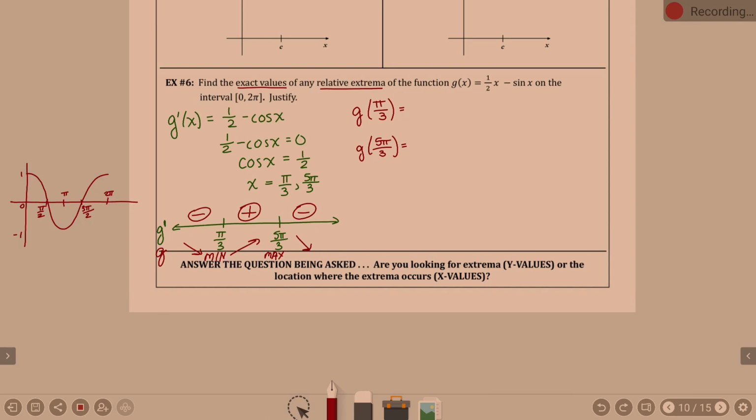We're going into the original because we want to know the values of the mins and maxes. So 1/2 times pi over 3 is going to be pi over 6, right? Minus, what would sine of pi over 3 be?